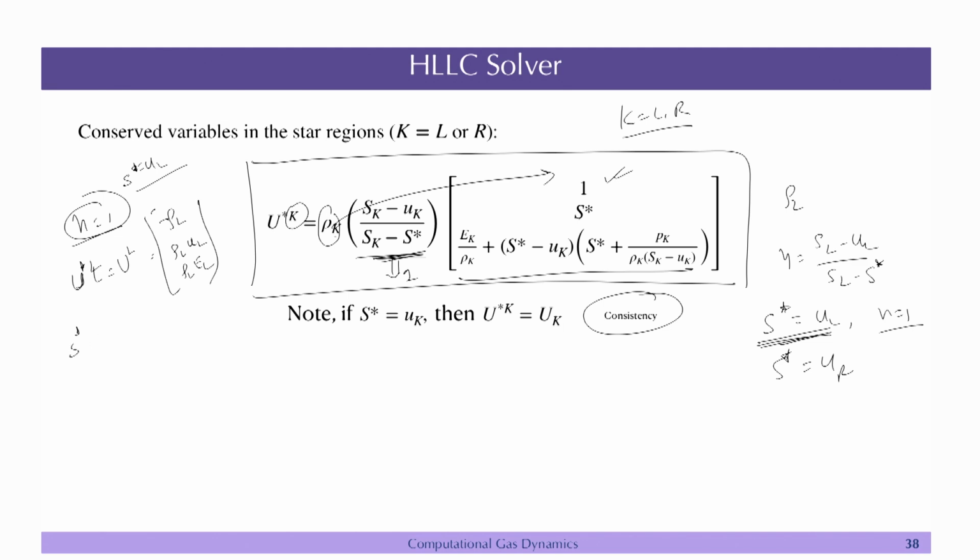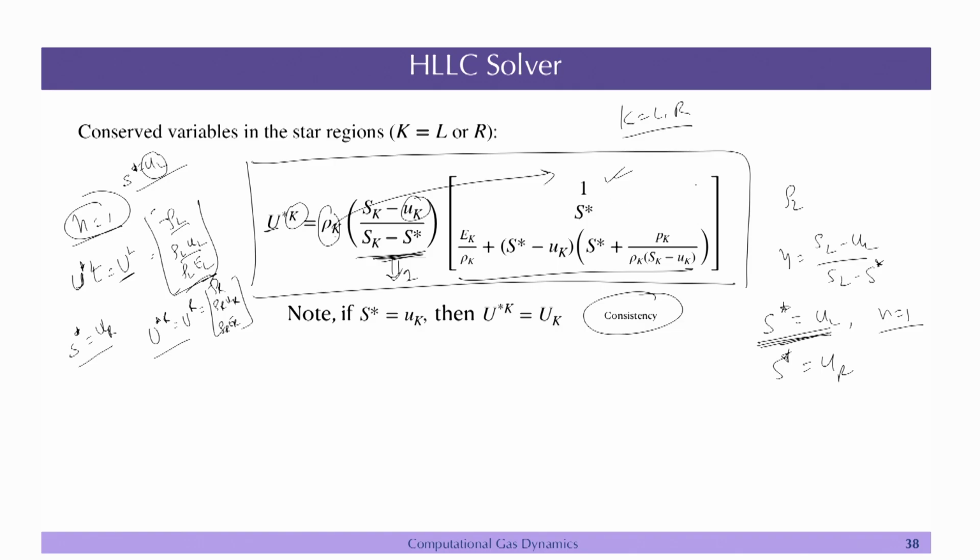Similarly, when S star equal to UR, only small u, this small u denotes the velocity, and this capital U is basically a vector consisting of all three conserved variables, right. So, when S star equal to UR, again this will become 1 when k equal to R, and then you will have basically U star R is equal to UR, which is equal to rho R UR and rho R ER, right. So, this is the consistency condition.